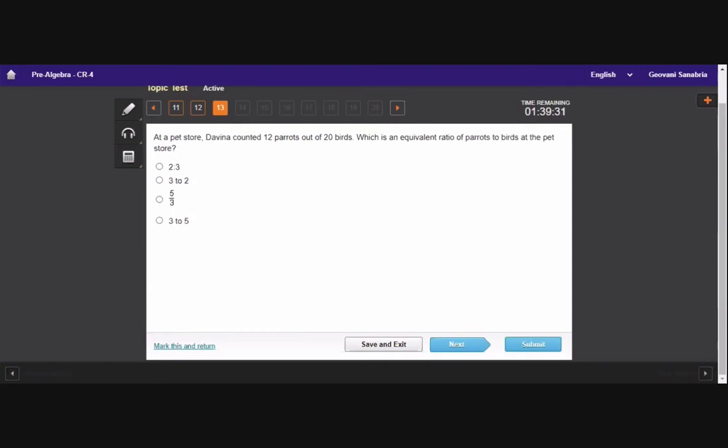So parrots first. You can figure out the ratio of parrots to birds from the thing that they give you, 12 and 20. What's that number if you divide it? The parrots first, 12 divided by 20. You gotta always do the first. Be 12 divided by 20.